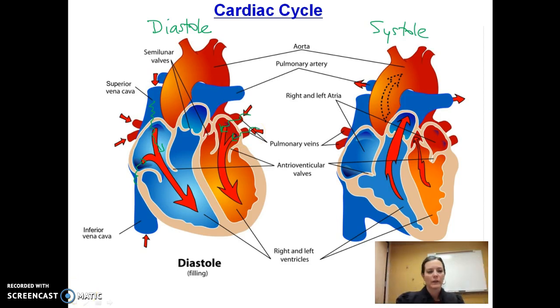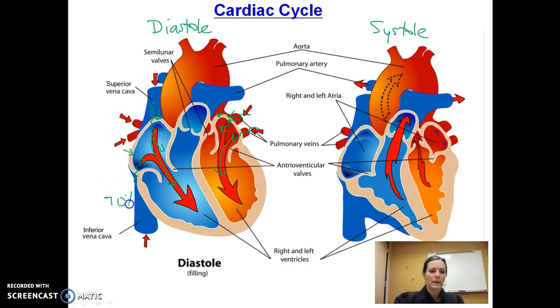So initially, the atria are completely relaxed, and this allows the blood just to flow down through the open AV valves into the ventricles. Now, we have to fill the ventricles all the way before we begin the contraction process. And so usually we get contraction of the atrial walls, so we get some atrial systole just to complete that filling work.